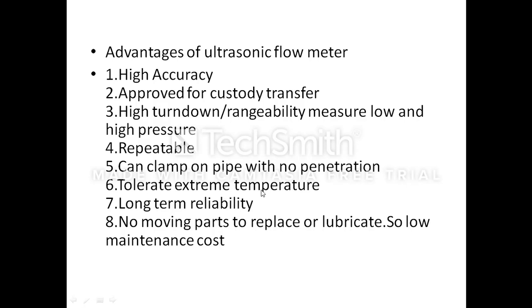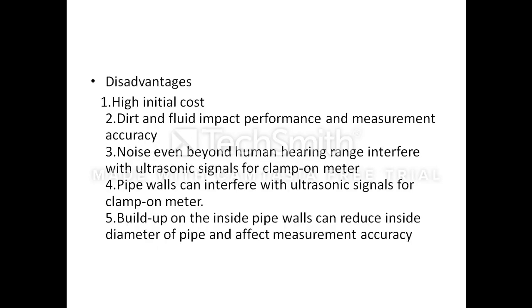It also tolerates extreme and high temperature. This works because we are using ultrasonic waves. It is more reliable than other mechanical flow meters. There are no moving parts, hence wear and tear and maintenance cost are less.